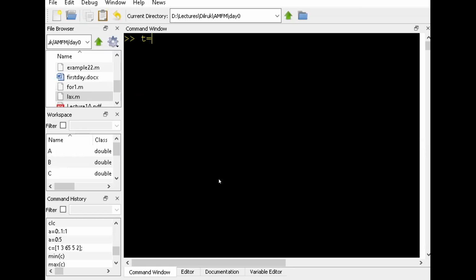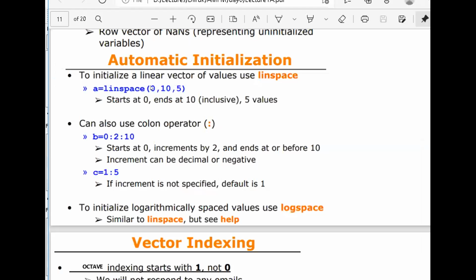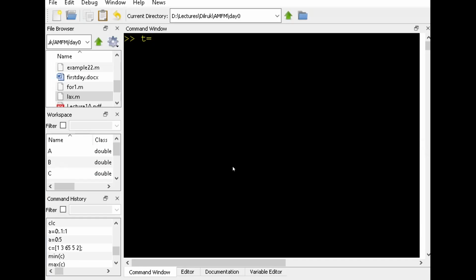I want to discretize the 0 to 1 interval, so this is the starting point, this one is the end point, and this is the increment. Let's increase by 0.1.